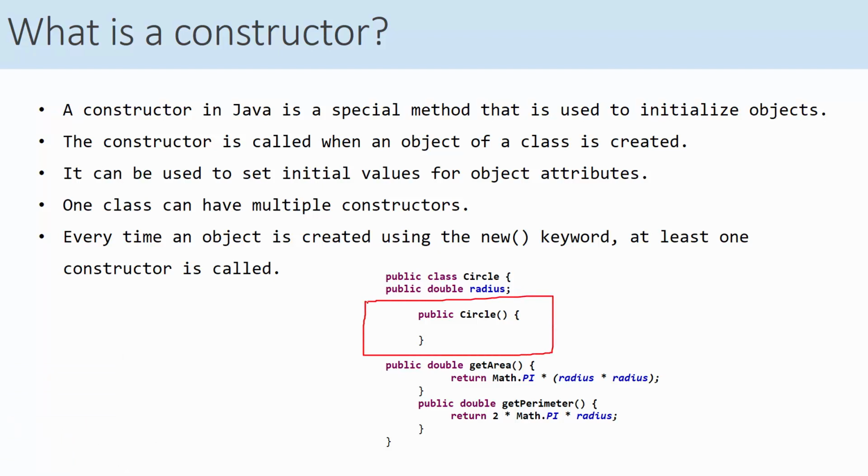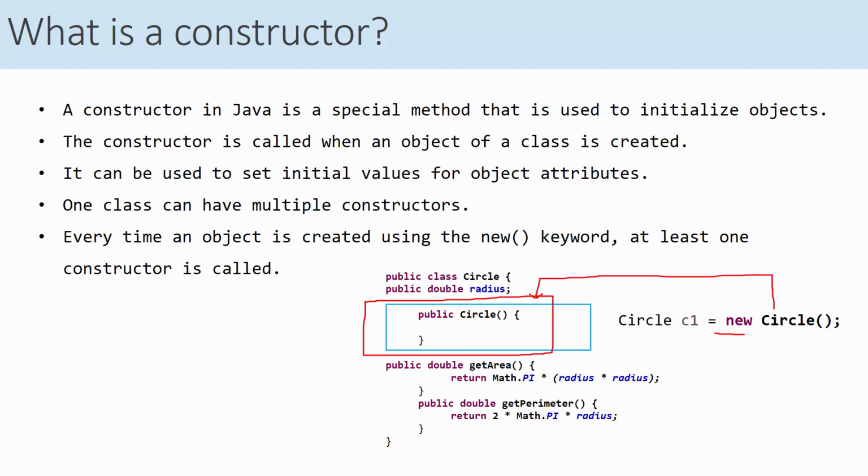This is the constructor. It has the same name as the class name with no return type. And when you say new, you are actually calling the constructor. When you call a constructor, you get in return an object of the class being called.